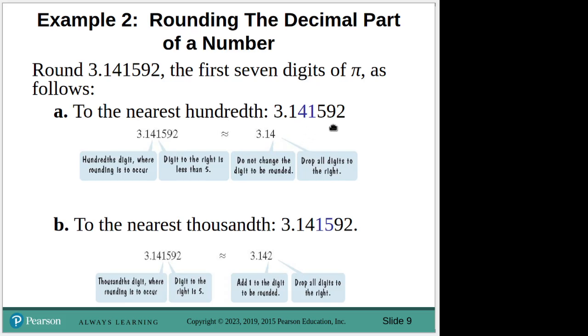I look to the right of it and I ask myself, is it bigger than 5? Well, 1 is not bigger than 5. So I'm going to keep the 3.14 and I replace all of these with 0. But because I replaced all of these with 0, they don't give me any more information, so we can drop them. And that's why pi can be rounded to 3.14.